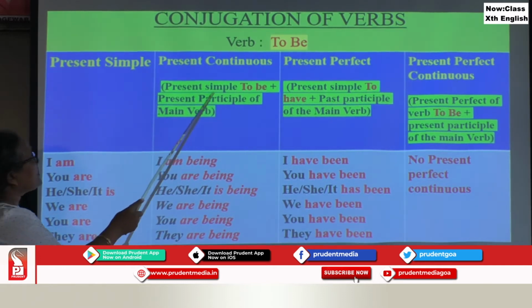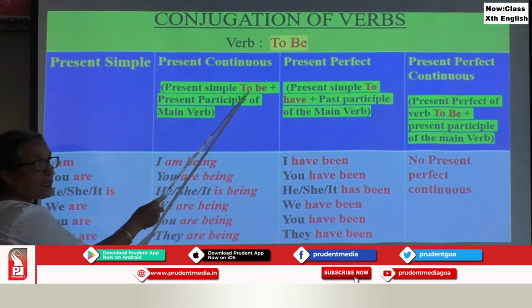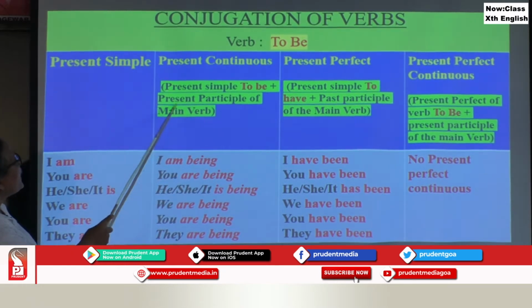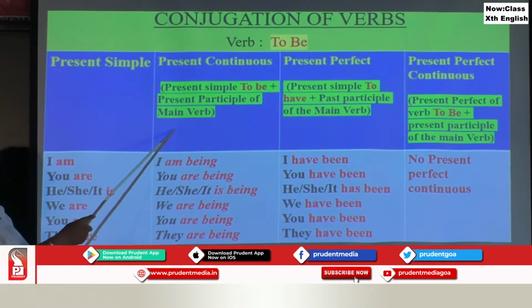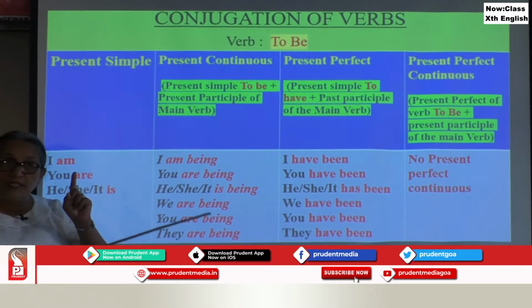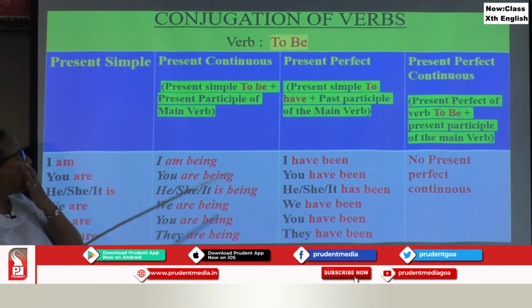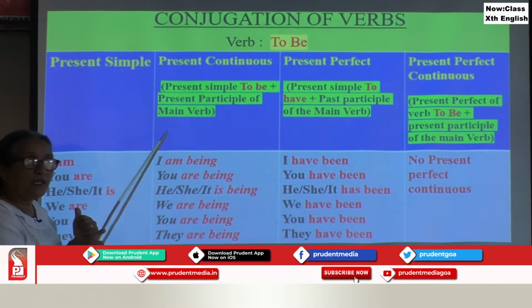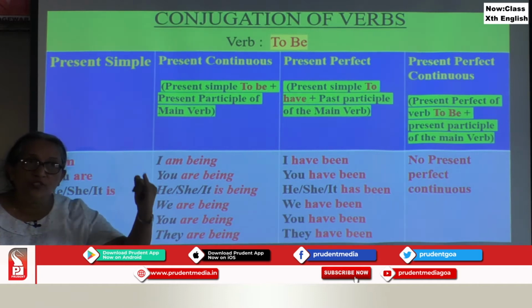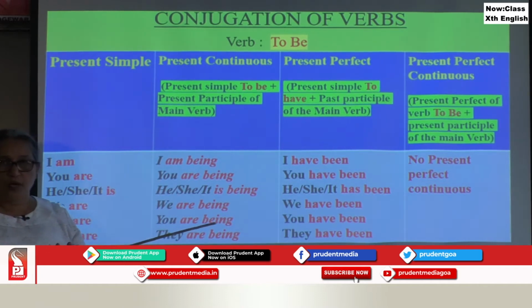So, present simple of verb to be plus present participle of the main verb. Now, we've learned the 4 principal parts of the verb. Present participle is what? The ing form of the verb.